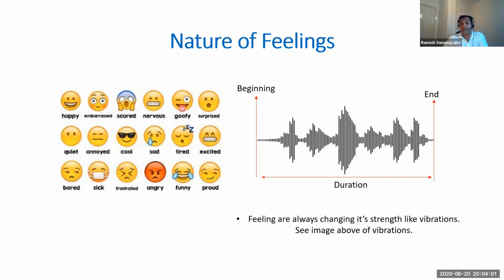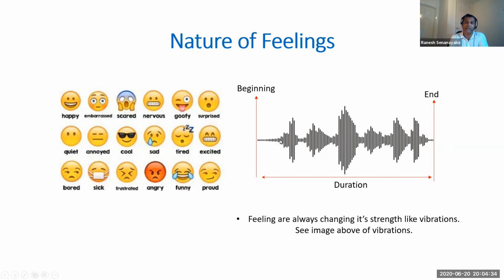To explain energy in terms of a picture, I basically display this vibrational image. These are like up and down vibrations. What I'm trying to show here is that feelings are similar to vibrations, and the nature of vibrations is that they constantly change.